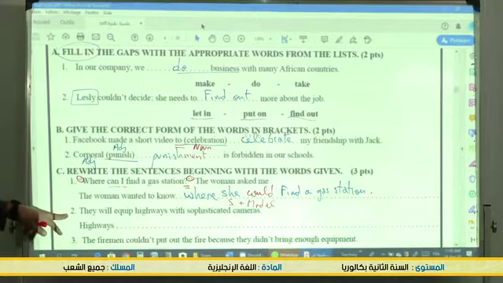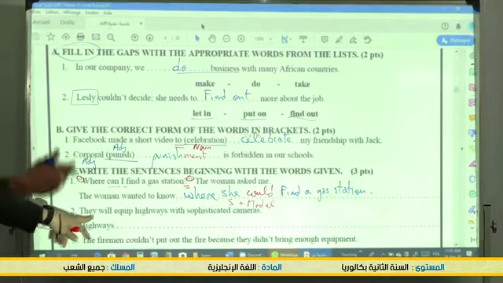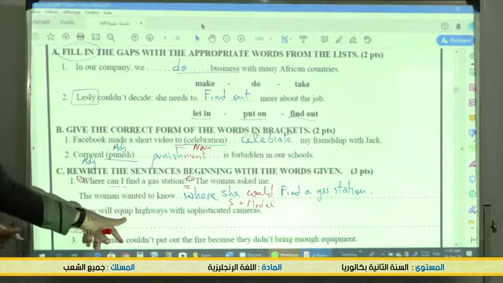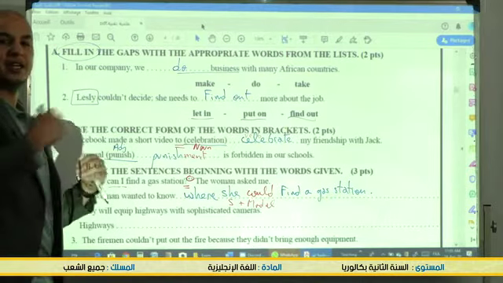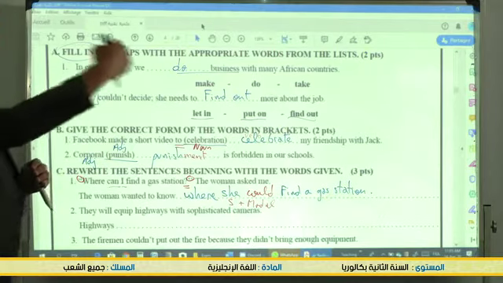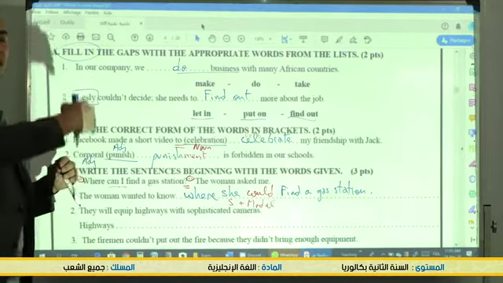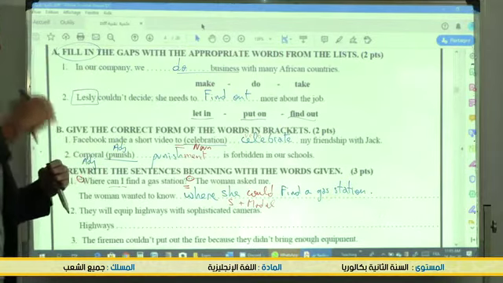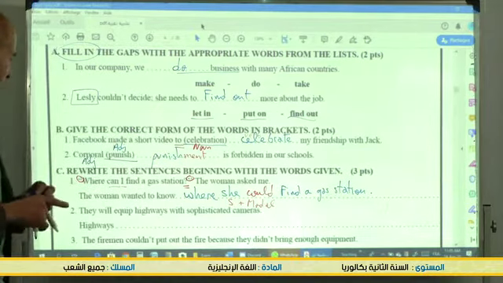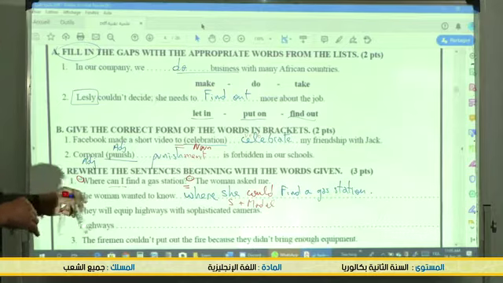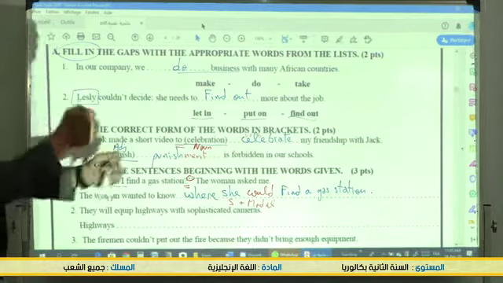Let's go to number 2. In the future, they will equip, from equipment, they will equip highways between Rabat and Casablanca, or between Casablanca and Beni Mellal, for example Rabat and Tangier. There are highways, okay? So they will equip those highways with what?